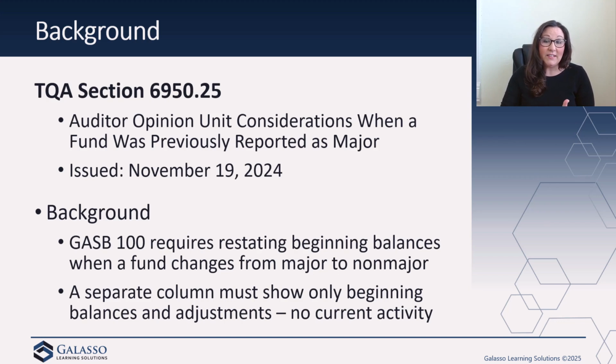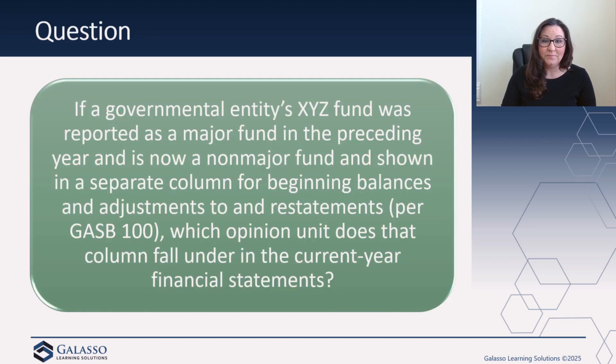In the year of this reclassification, a column must be added to the fund activity statement showing only the beginning balance and the related adjustments for the previously major fund. And this is going to be without any current year activity.